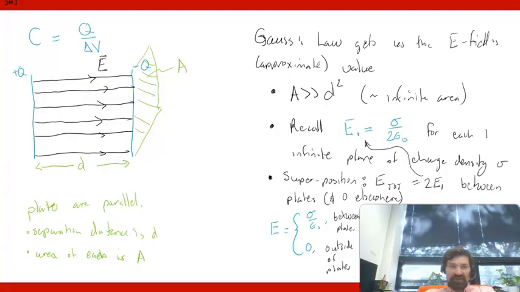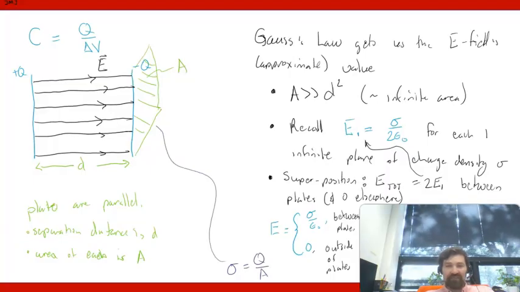Parenthetically, we note that sigma is actually Q divided by area, because it's how much charge per unit area. We've got charge Q and area A for each of these plates, so sigma is Q over A.